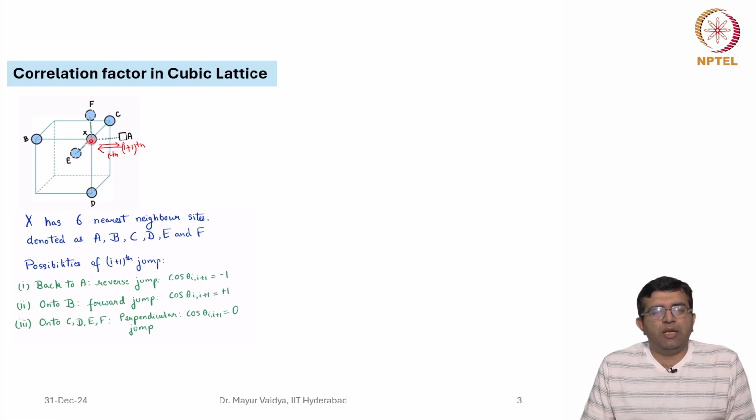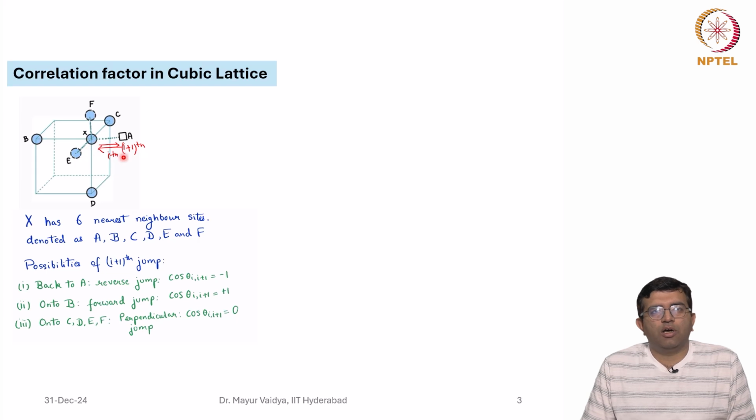The second possibility is that it can jump from X to B. That will be a forward jump. So if your ith jump is this and X to B is this, then the angle will be 0 degrees, and therefore cos theta is equal to plus 1. Now, in any of the other four directions, C, F, D, E, all are equivalent, and they are at 90 degrees to the ith jump vector.